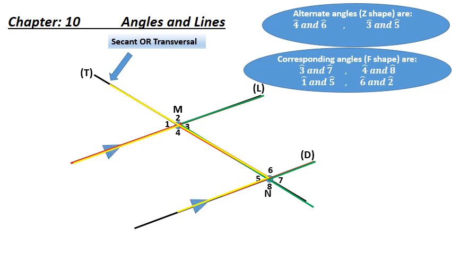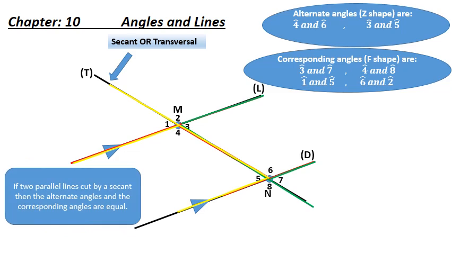Now suppose these two lines are parallel. We draw the parallelism symbol here as you see. If these two lines are parallel, then all pairs of alternate angles and corresponding angles are equal. If two parallel lines, such as L and P, are cut by a secant line or transversal line, which is T, the alternate angles and the corresponding angles are equal.